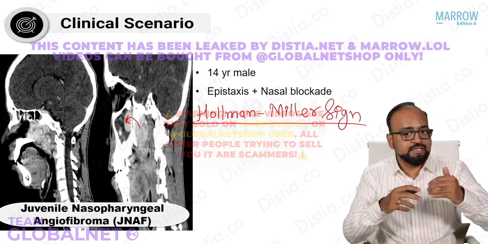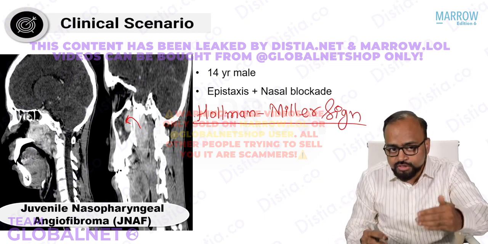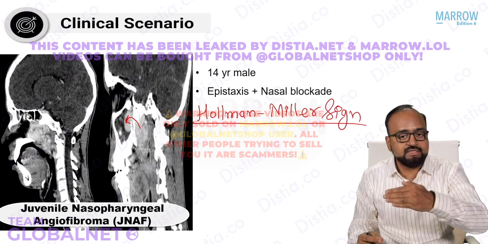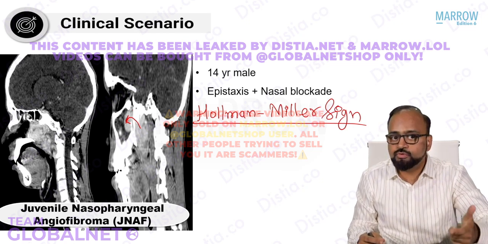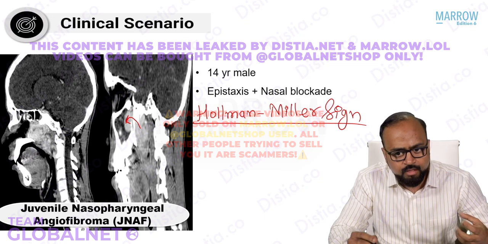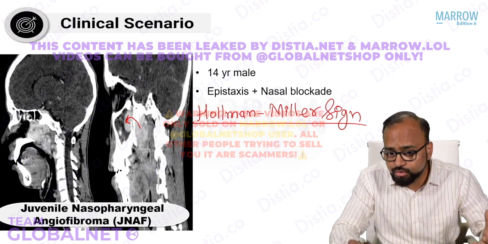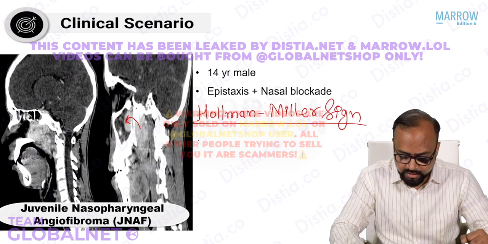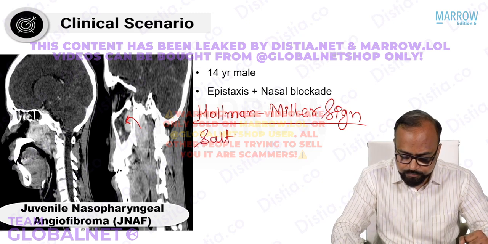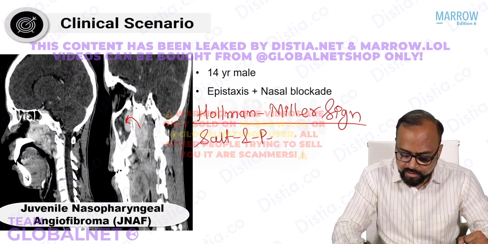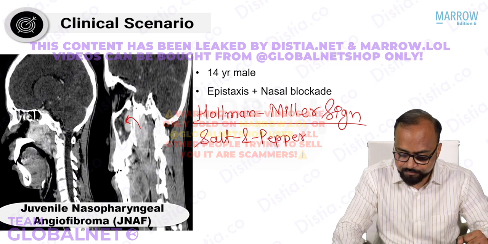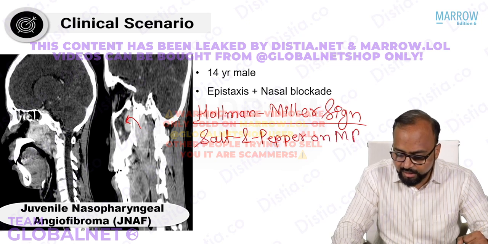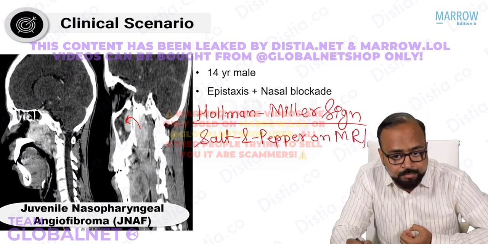When this tumor extends into the infratemporal fossa, it actually pushes the posterior wall of the maxillary sinus anteriorly. So this is what is called the Holman-Miller sign. Because it is very vascular, it gives rise to a very typical salt and pepper appearance of fluids on MRI. So it gives rise to a very typical salt and pepper appearance.